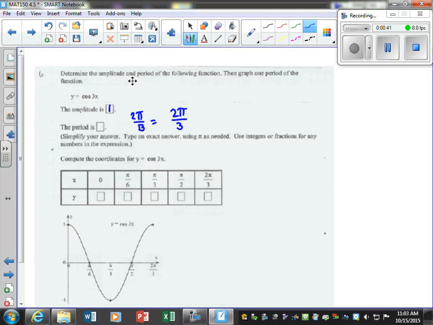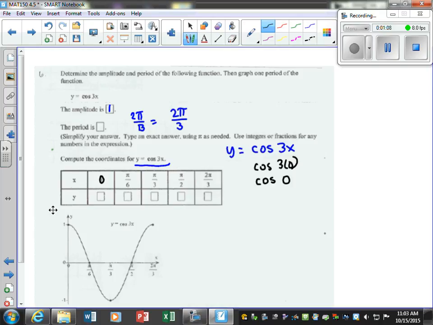Alright, now if I'm given just a basic XY table, and they want to know the cosine, so if I have y equals cosine of 3x, this is my given. And I want to know when x is 0. So let's do this one first. When x is 0, that would be cosine of 3 times 0, which is just cosine of 0.